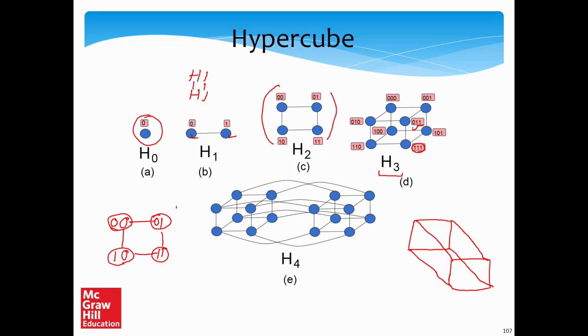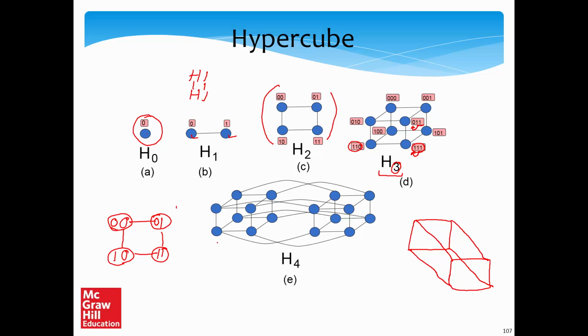In this case we prefixed a 0, in this case we prefixed a 1. So the same property holds: each node of the hypercube is connected to three other nodes here because it's a hypercube of order 3. And each of these nodes differs by 1 bit. So 1 1 0 and 0 1 0 differ by 1 bit, the MSB. 1 1 0 and 1 0 0 differ by 1 bit. 1 1 0 and 1 1 1 again differ by 1 bit.